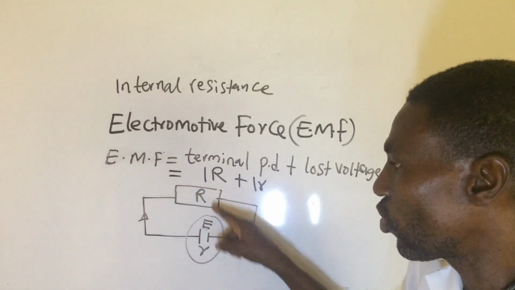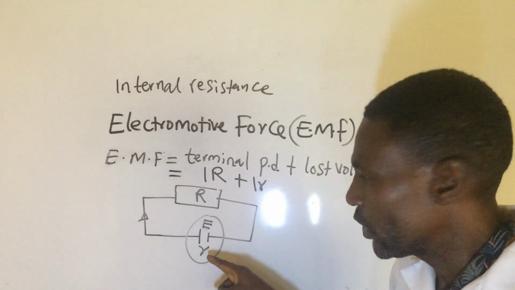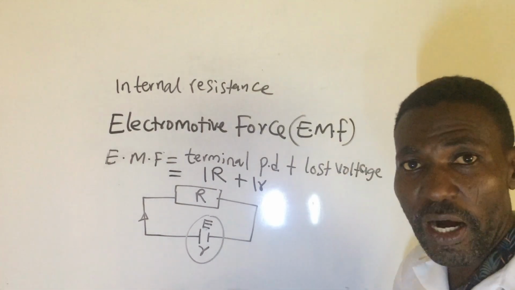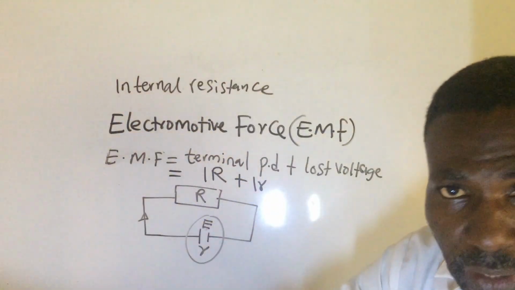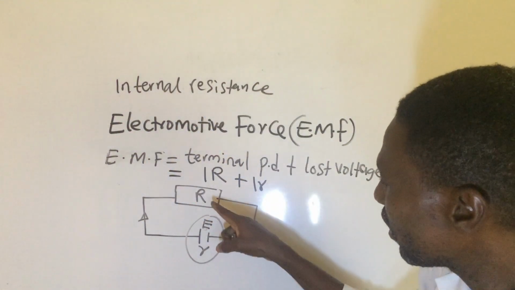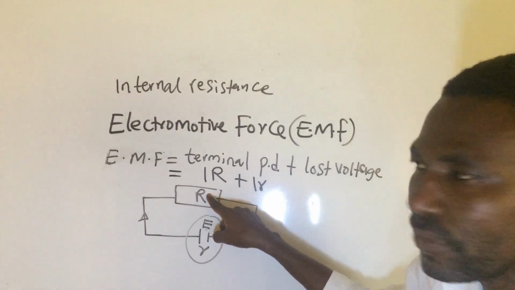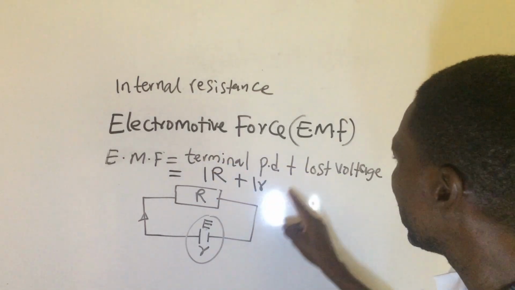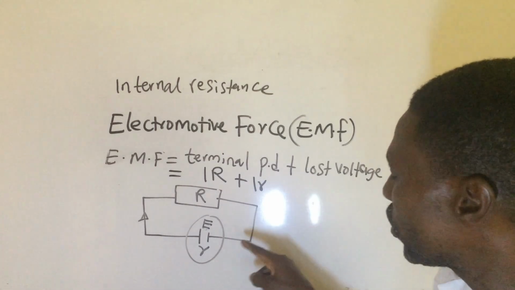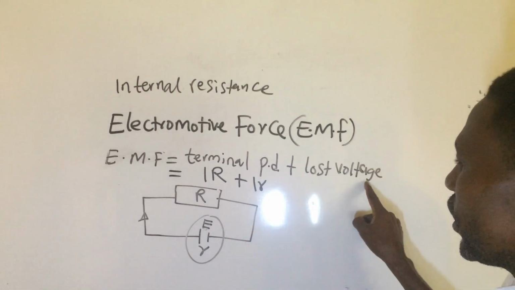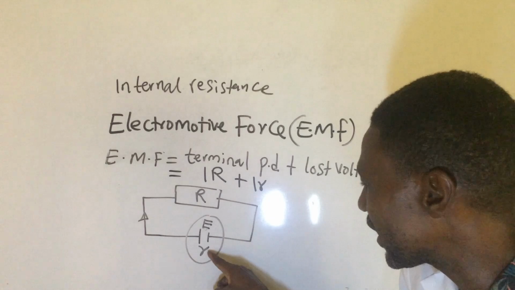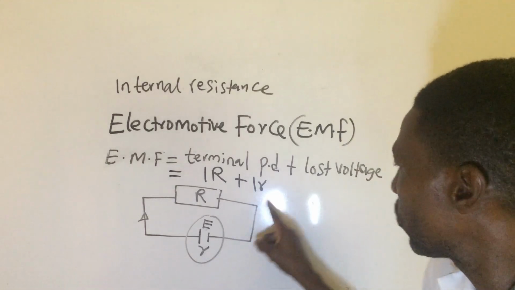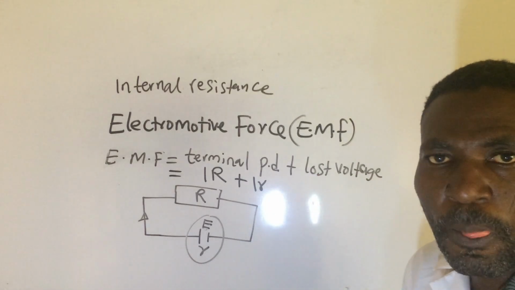This one is external, no longer in the battery. This one is in the battery, small r, then big R is the one outside the battery. So the potential difference across here is what we call terminal potential difference. Then the lost voltage is the voltage across the internal resistance of the battery. That is what we call the lost voltage.